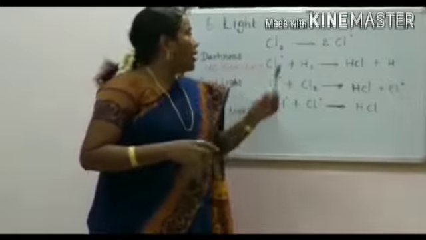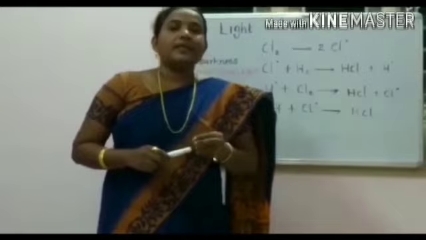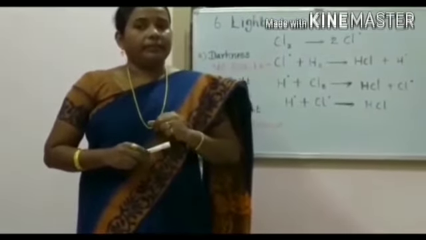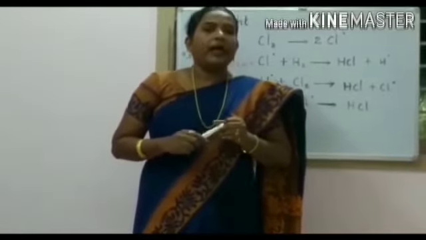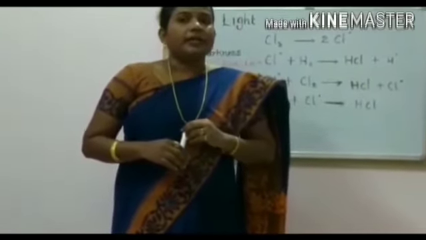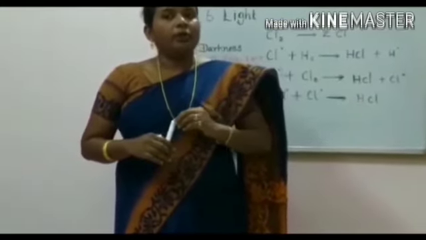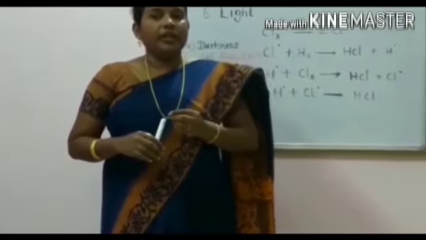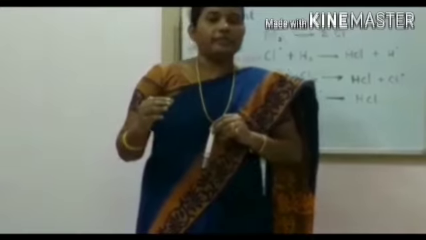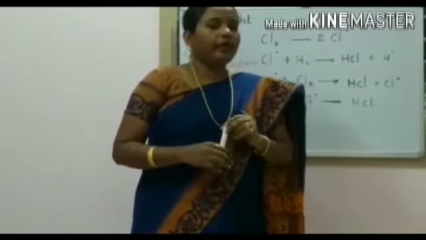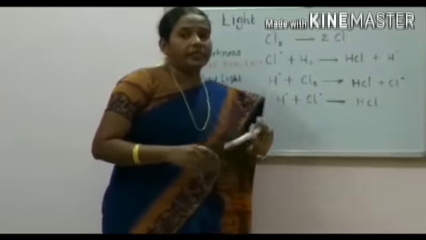Next factor is light. Certain reactions take place only in the presence of light. Such reactions are called photochemical reactions. In photochemical reactions, if the intensity of light used is more, the reactant molecules absorb more energy and they undergo collision frequently, so the rate of the reaction increases. We consider the chain reaction between chlorine and hydrogen.